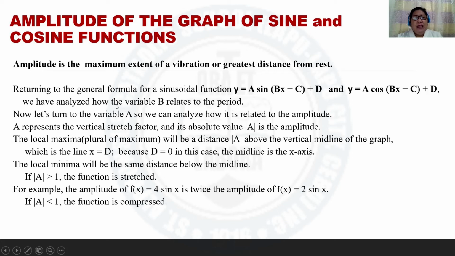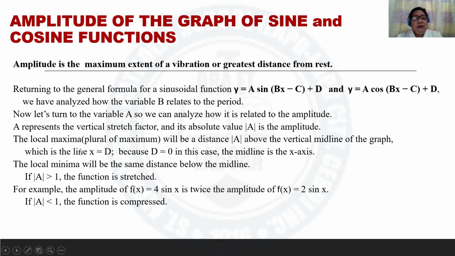We have analyzed how the variable b relates to the period. Now let's turn to the variable a so we can analyze how it is related to the amplitude. A represents the vertical stretch factor, and the absolute value of a is the amplitude.